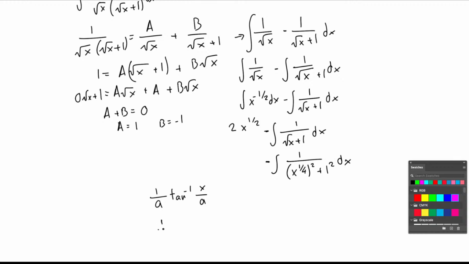So it would be 1 over 1 tan inverse x to the 1/4. And since it's negative, it would be cotangent.